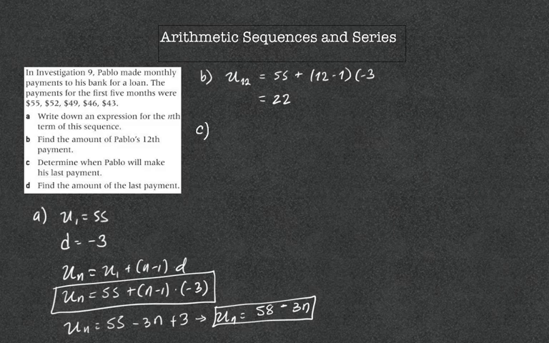Now in question C, they ask, determine when Pablo will make his last payment. So the last payment is going to be when he's going to pay 0, right? So we need to know when he is going to achieve a payment of 0. We need to equate Un to 0.